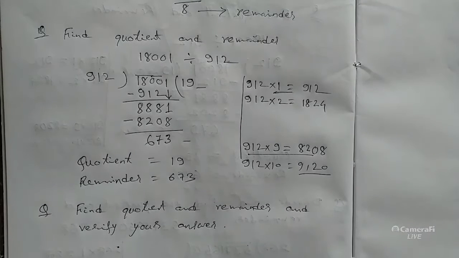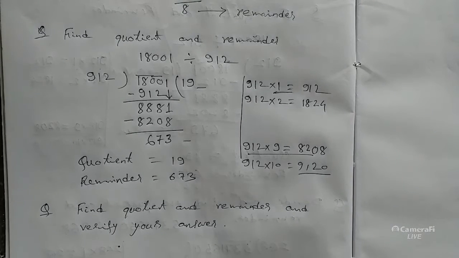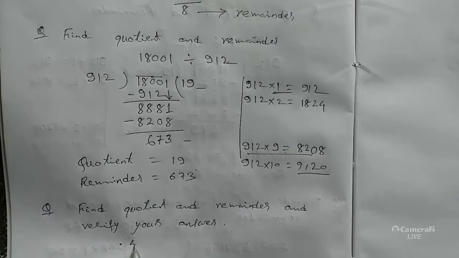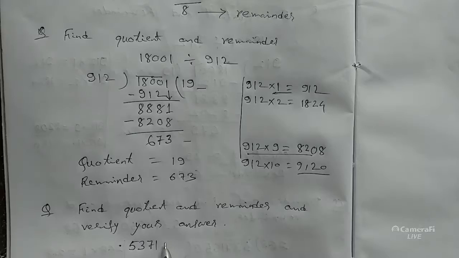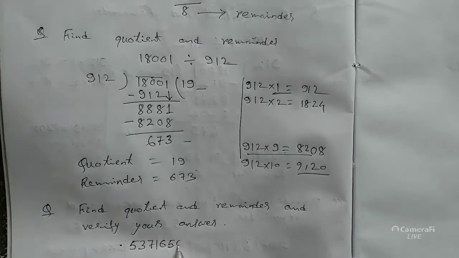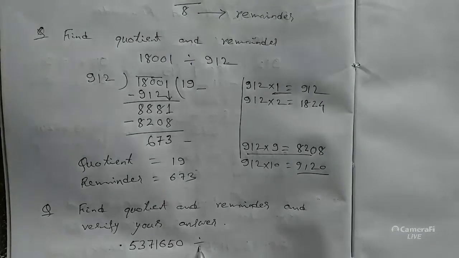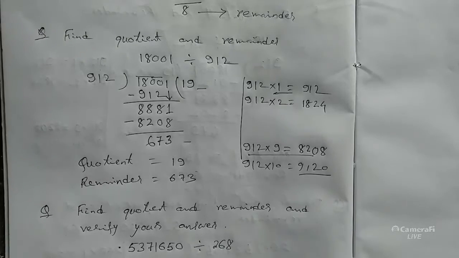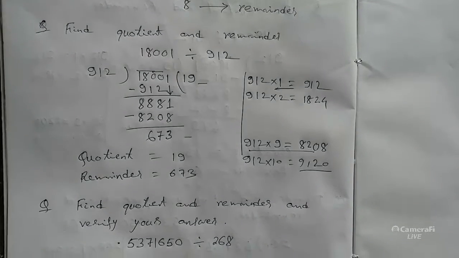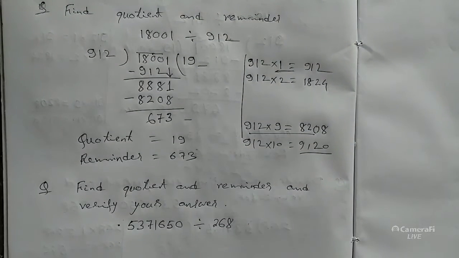The case is for the division. Suppose I am taking this one, 5371650 divided by 268. We have to divide it by 268 to find the quotient and remainder and then also verify.